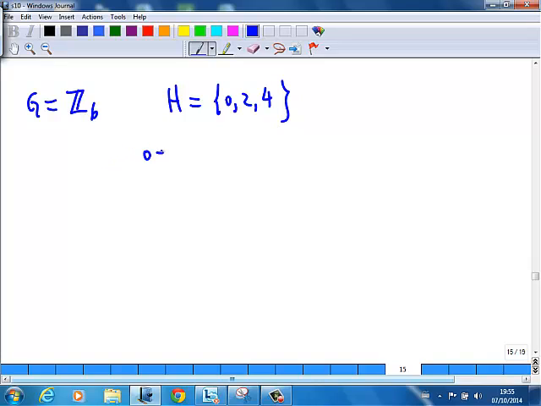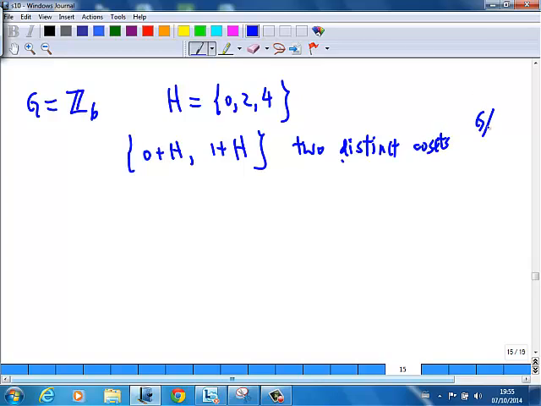They are 0 plus H and 1 plus H. These are the 2 distinct cosets. How come we know there are 2 of them and no more? Because the size of G over the size of H is 6 over 3, which is 2. G equals Z6 has 6 elements, H has 3 elements. So you know there are only 2 different cosets.